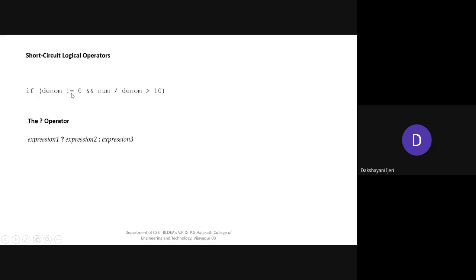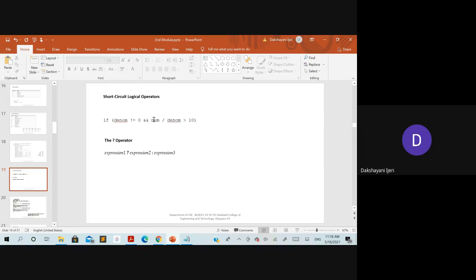If it is not equal to 0, then only it will execute the division of num by denom. Otherwise it will not check or execute the right part. So it will check only this part. If this is true, then only the rest will be executed here.